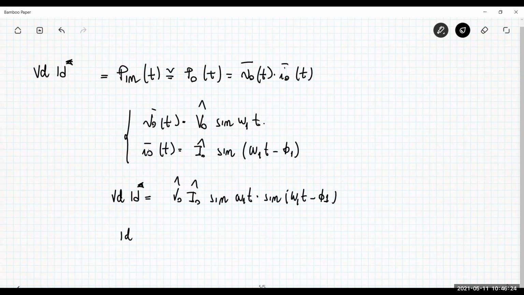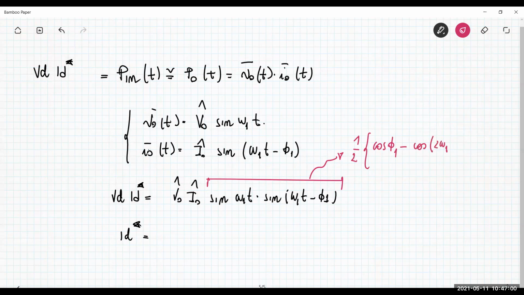And so id star is given by this quantity divided by Vd. You can have this multiplication. Okay, you can solve this simply by considering that there are a lot of useful trigonometric expressions giving you the product of two sine terms like this. For example, you can transform it into one half, cosine phi 1 minus cosine of 2 omega 1 t minus phi 1, in this way.